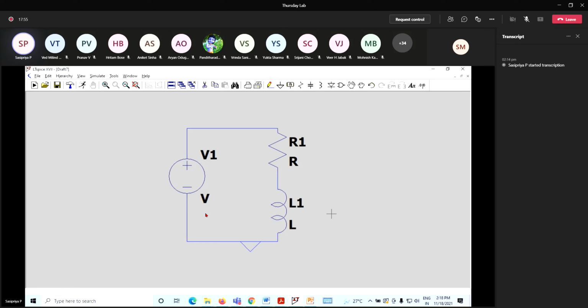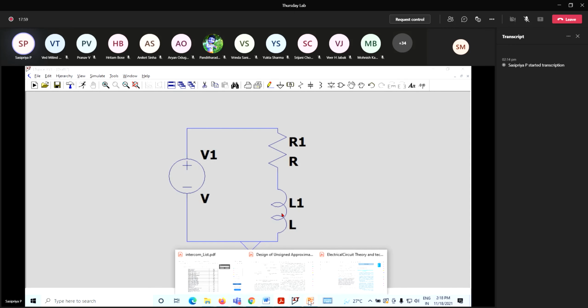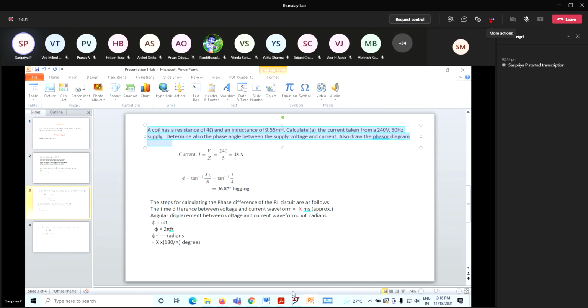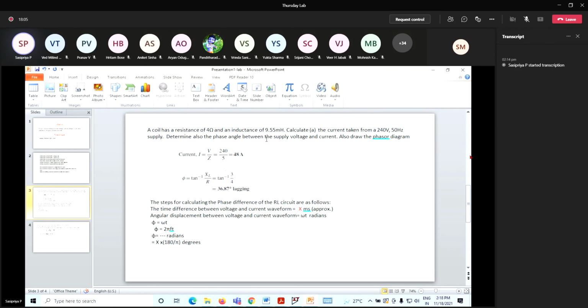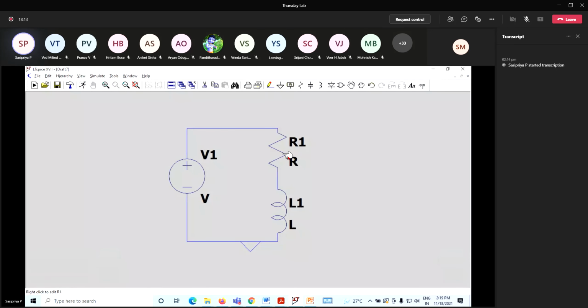Now we have to apply the values for the resistor and inductor. As per the given question, the resistor value is 4 ohms and the inductor value is 9.55 millihenry. Keep your cursor on the resistor and you may get a hand symbol like this. Right click, and the resistor value is 4 ohms.